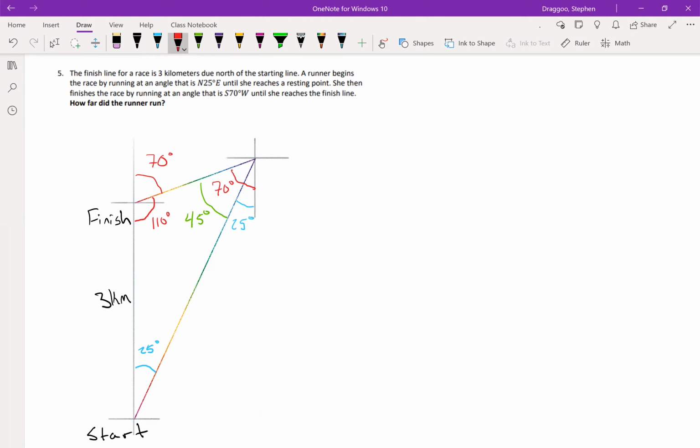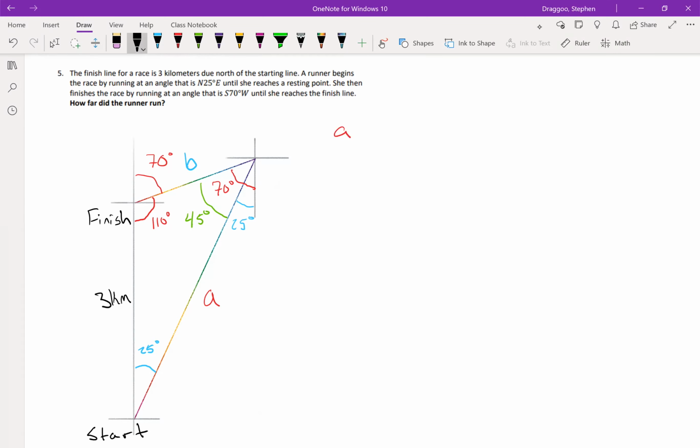So rather than finding just a single side to this triangle, I'm actually going to want to find both of the missing sides and add them together, since the total distance the runner runs should be this first line, which I'm going to call A, plus the second line, which I'm going to call B. Just because that'll be her path, A and then B. Which means that I'm going to want to use the law of sines to find both of those. So we'll start with A, because it's first in the alphabet.